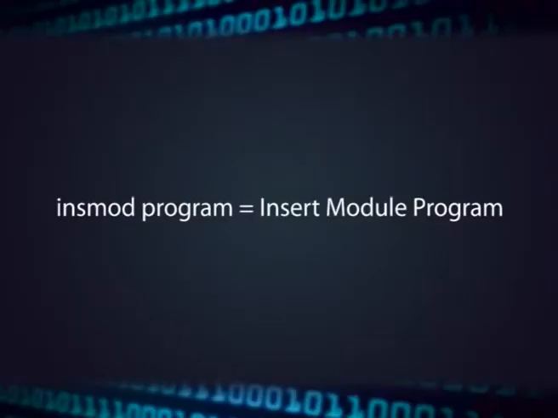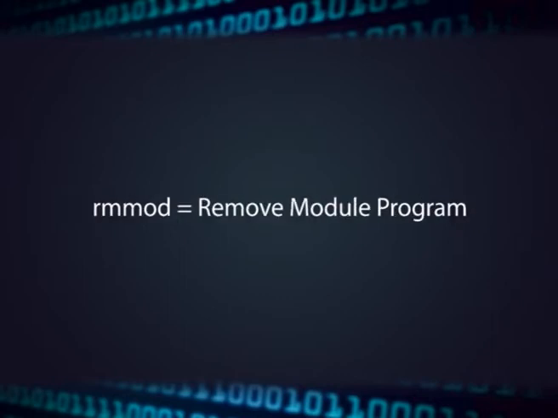Each piece of code that can be added to the operating system at runtime is called a module. The Linux operating system offers support for quite a few different types or classes of modules, including but not limited to device drivers. Each module is made of object code that can be dynamically linked to the running kernel by the insmod program, and can be unlinked by the rmmod, that is remove module program.